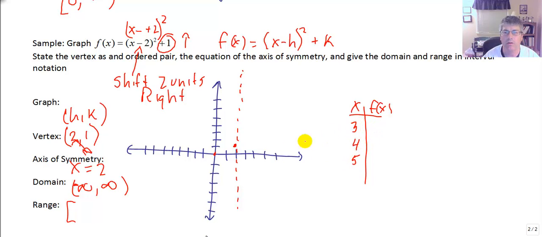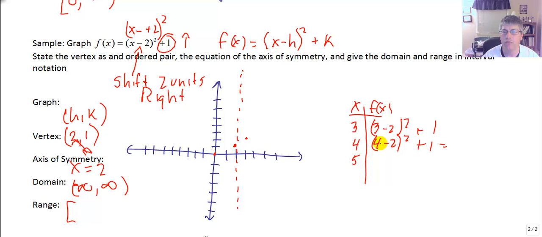So when I input 3, I get 3 minus 2 squared plus 1. So 1 squared plus 1 is 2. So when I input 3, I output 2, and that totally makes sense. I'm just one up, like I've always been. I input 4. 4 minus 2 squared plus 1.